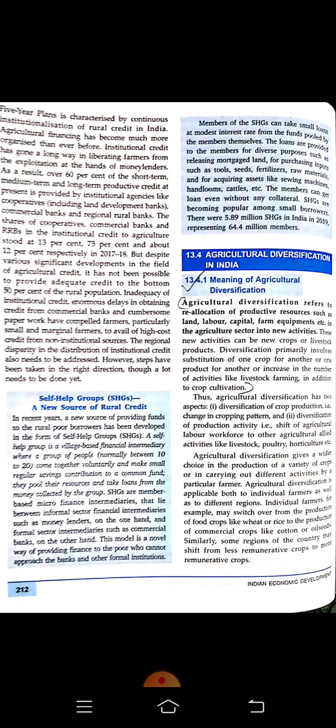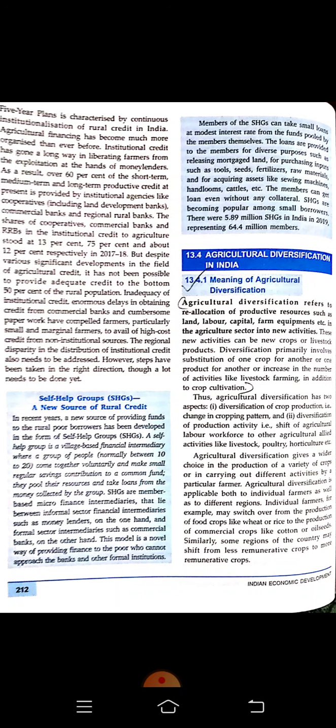These new activities can be new crops or livestock production. Diversification primarily involves substitution of one crop for another or one production for another, or an increase in the number of activities like livestock farming in addition to crop cultivation.